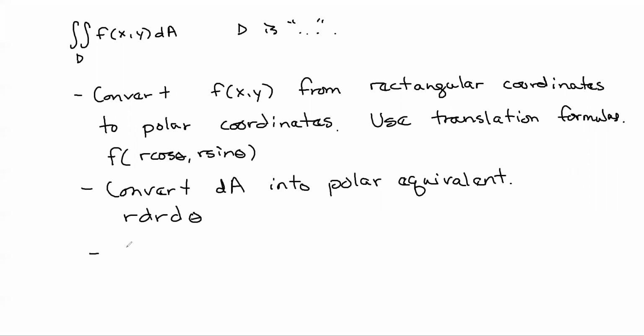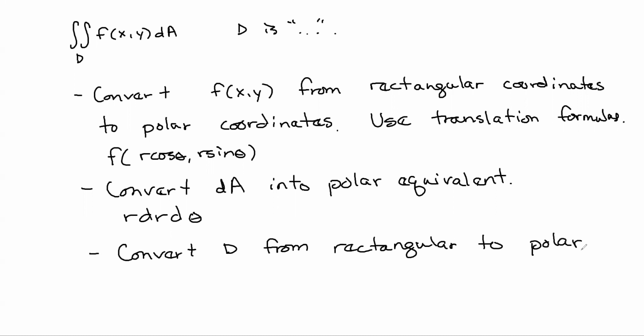And then finally, you're going to convert D from rectangular to polar coordinates. And that one's going to be the hardest of the three. Okay, so all that said, let's actually go through and try doing a problem so we can see how involved this is.